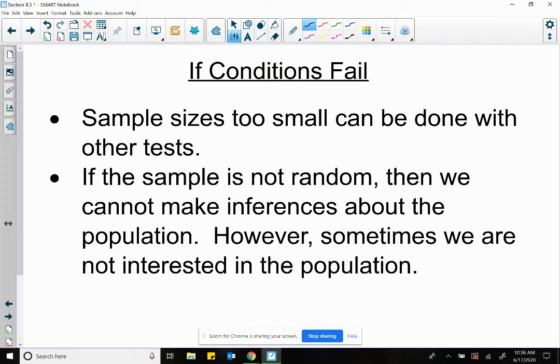So even though the sample is not random, that means we can't make inferences about the population, but maybe I'm not worried about the population. Maybe I'm worried about does the drug work or not? So just because the sample's not random doesn't mean, again, all is a lost cause, because maybe we're not worried about the population. All right.